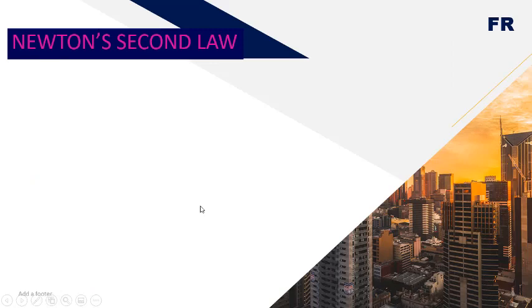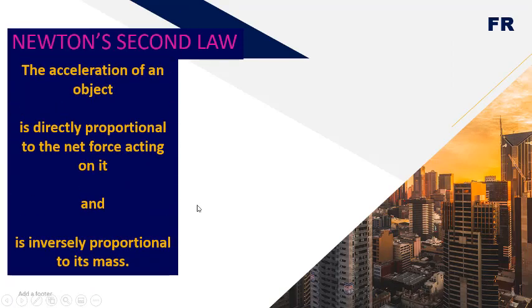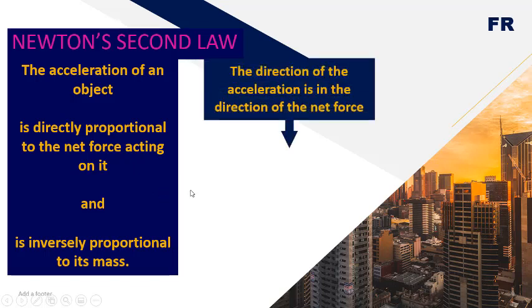Now let's look at Newton's second law. The acceleration of an object is directly proportional to the net force acting on it and is inversely proportional to its mass. The direction of the acceleration is in the direction of the net force.